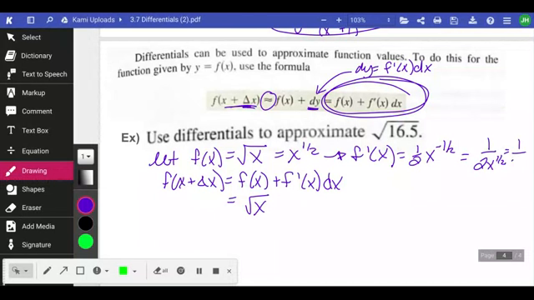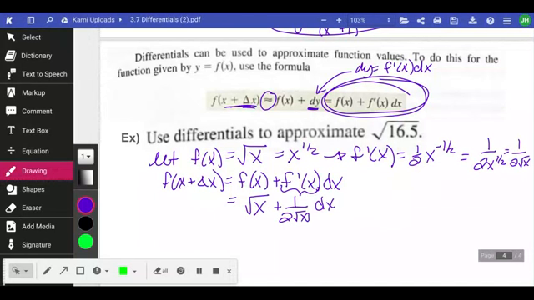That's entirely up to you. I kind of like the square root because we're going to plug numbers in, so it makes it a little better in my brain. So in place of f prime of x, I am going to put in 1 over 2 root x, and then dx is still there.